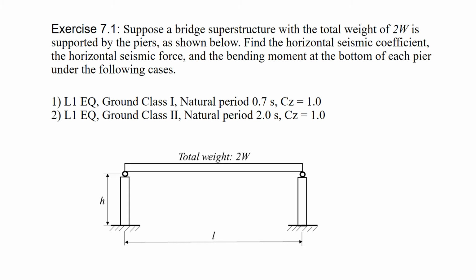L1 earthquake, ground class 1, natural period 0.7 seconds, CZ equal 1.0. 2. L1 earthquake, ground class 2, natural period 2.0 seconds, CZ equal 1.0.